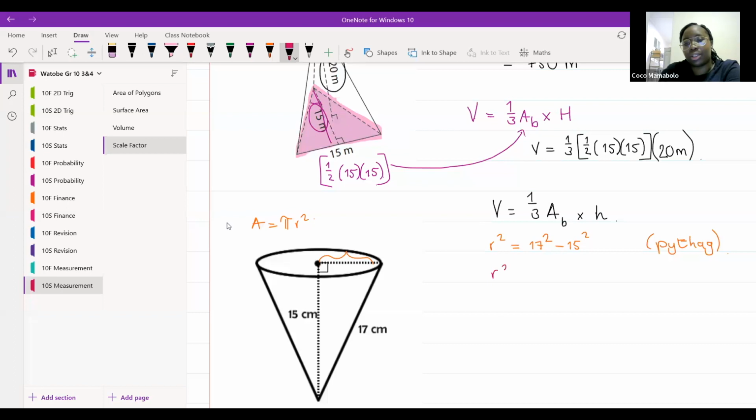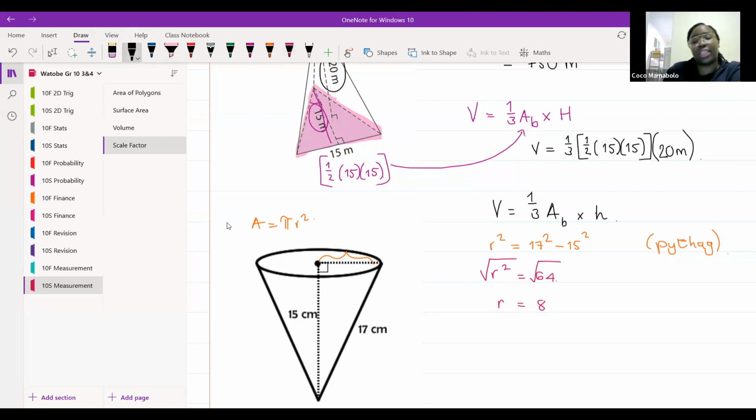We know that r squared is equal to 289 minus 225, which gives you 64. The radius is therefore going to be the square root, which is 8. Well done. Our radius is 8.